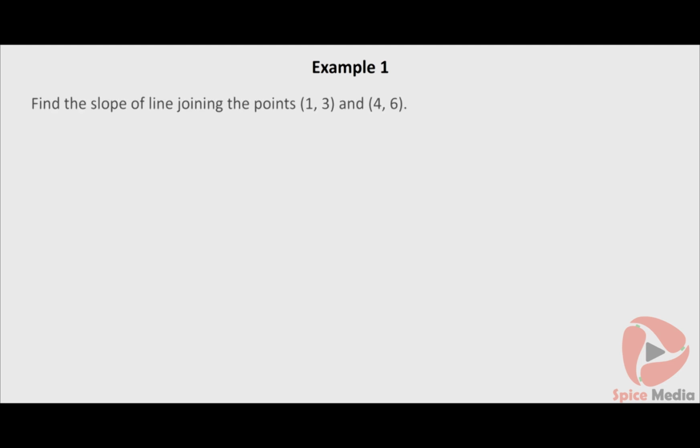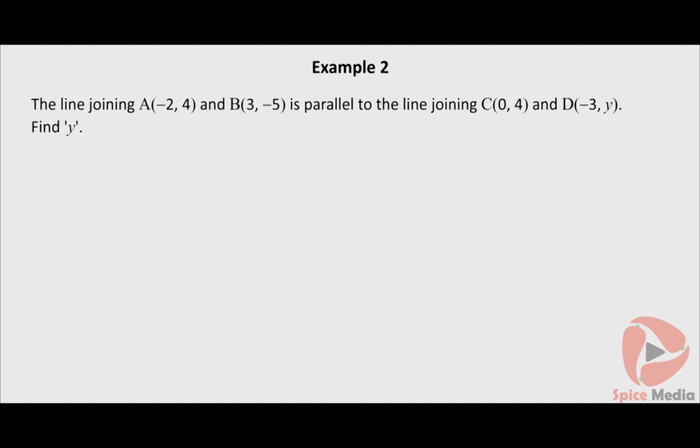Let us look at an example. Find the slope of a line joining the points (1, 3) and (4, 6). Click on the solution button to view the solution. Let us have a look at an example. The line joining A(-2, 4) and B(3, -5) is parallel to the line joining C(0, 4) and D(-3, y).